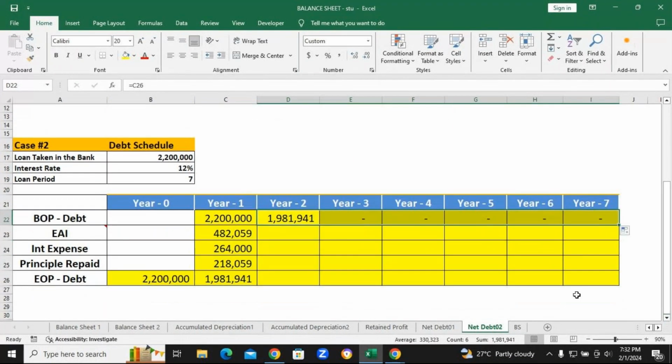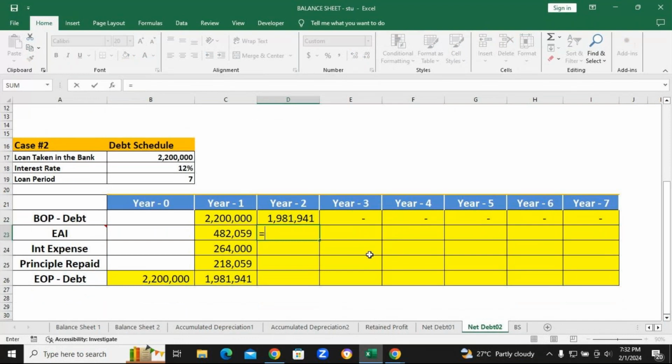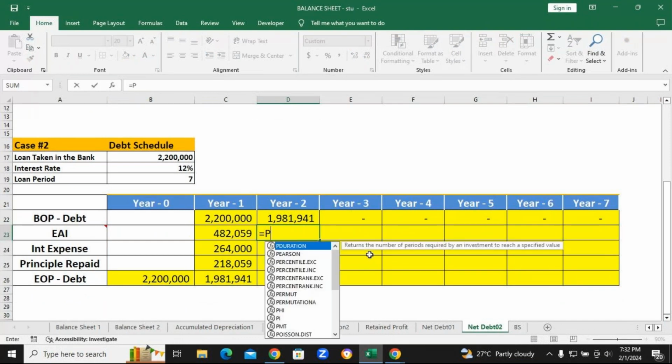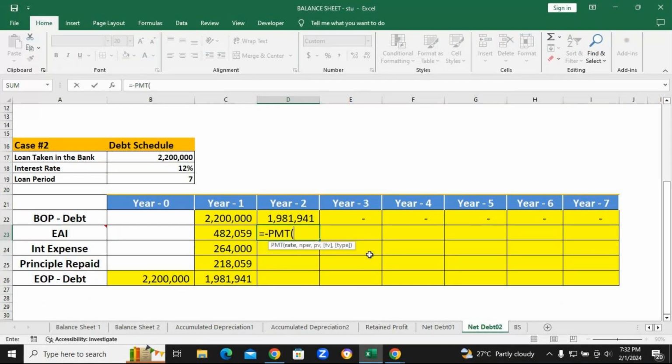Then EAI equals minus PMT, open the bracket, 12% rate of interest, comma, NPER is for 7 years, comma, present value is the current value 1981941, comma, 0, comma, 0.